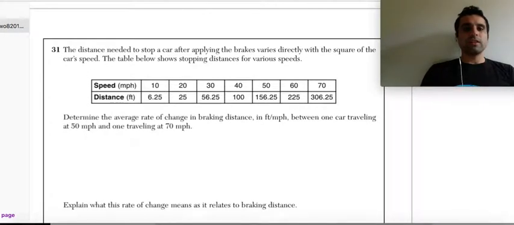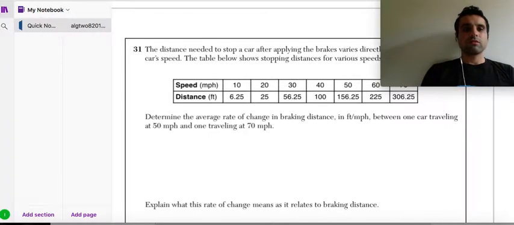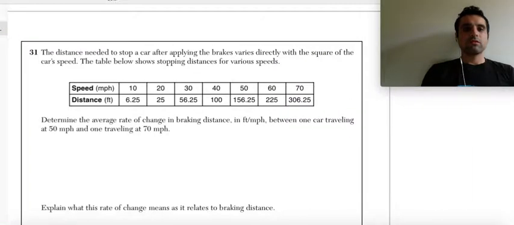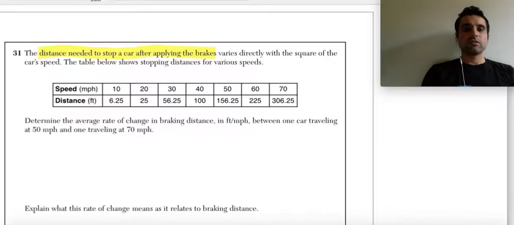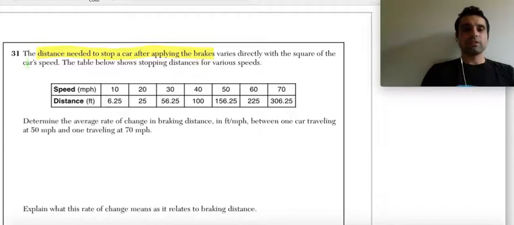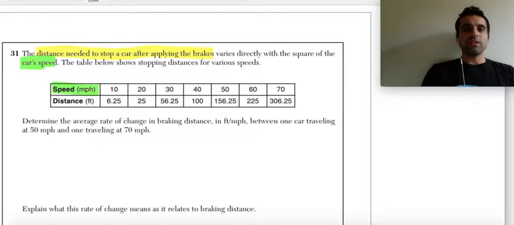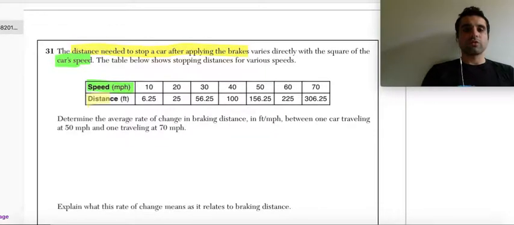The distance needed to stop a car after applying the brakes varies directly with the square of the car's speed. That's the other thing we're looking at. Basically we're looking at the car's speed over here, and the distance needed to stop the car is over here.